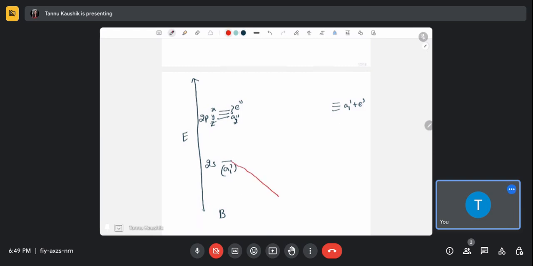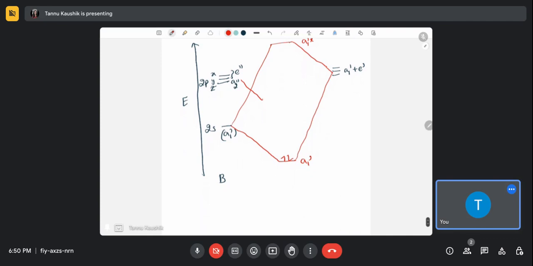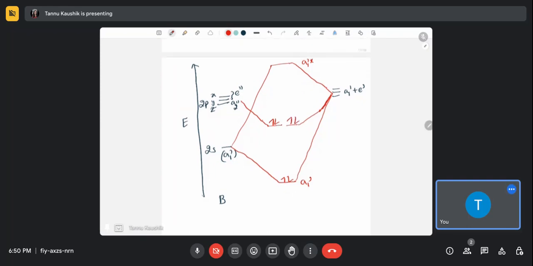So the A1' atomic orbital of boron will overlap with the A1' orbital of the 3 hydrogen atoms to form the first bonding molecular orbital and the anti-bonding molecular orbital, A1'*. Now E' orbitals will overlap to form bonding orbitals, and then we will be left with A2'', which will have non-bonding character.